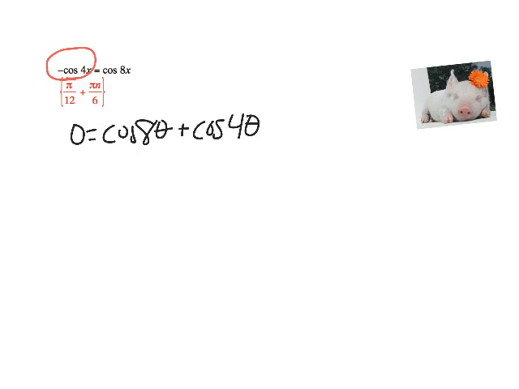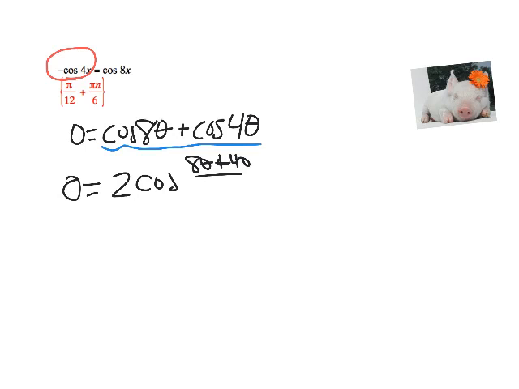The problem is the two arguments are not the same. So if you look on your green sheet, you've got sum to product. We can write this as 2 times the cosine of the sum of the arguments, 8 theta plus 4 theta, divided by 2, and then the cosine of the difference, 8 theta minus 4 theta, divided by 2.